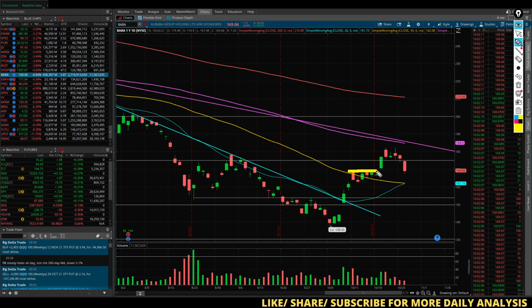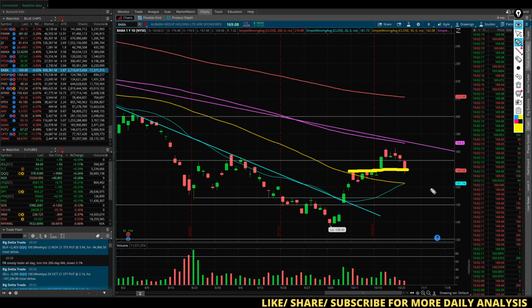If you look at 170, maybe even. If today the stock closes above 170, maybe a lot of people will think, okay, this is a support, this is a good pullback for me, let me hop in. So that could be the case as well.